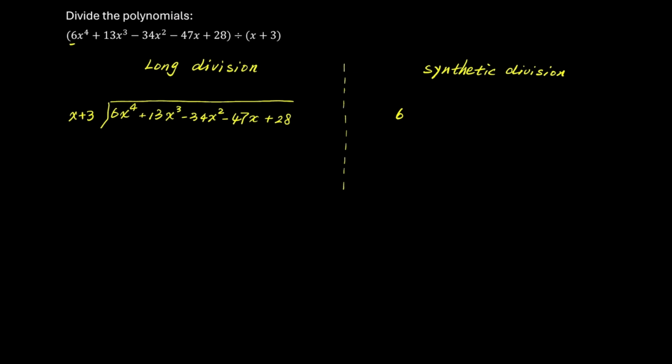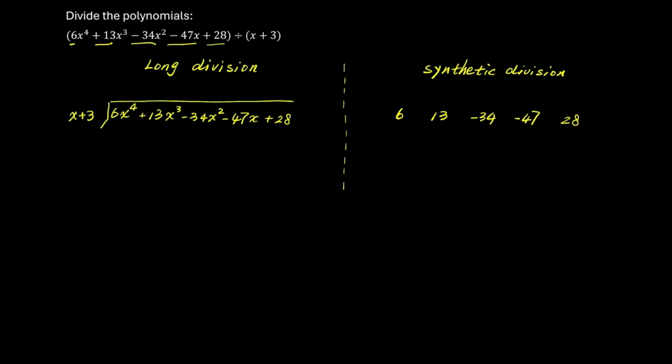The second coefficient is 16. The next one is negative 34. And next is negative 47. And the constant value is 28. We leave the variables out for now. They will come back later at the very last step.